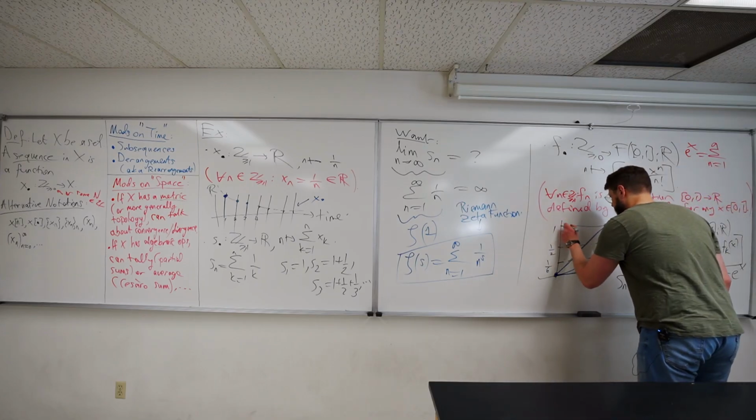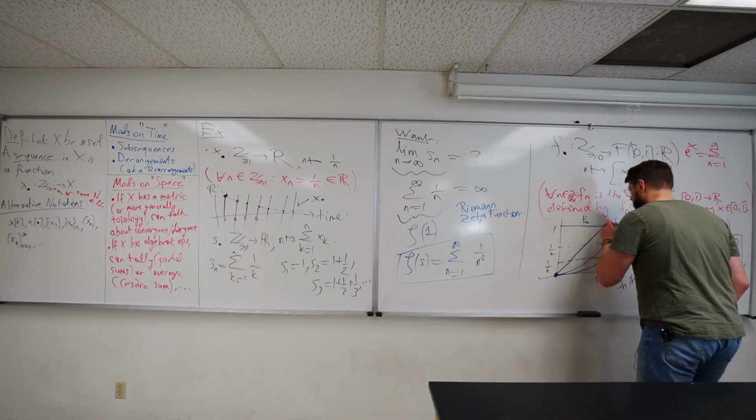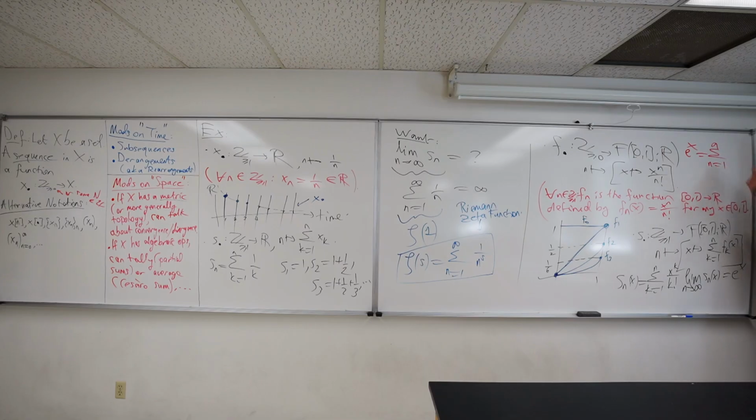So it should be like this. N from 0 to infinity of x to the n divided by n factorial. We're going to make precise sense of what this means. We need to make sense of this.